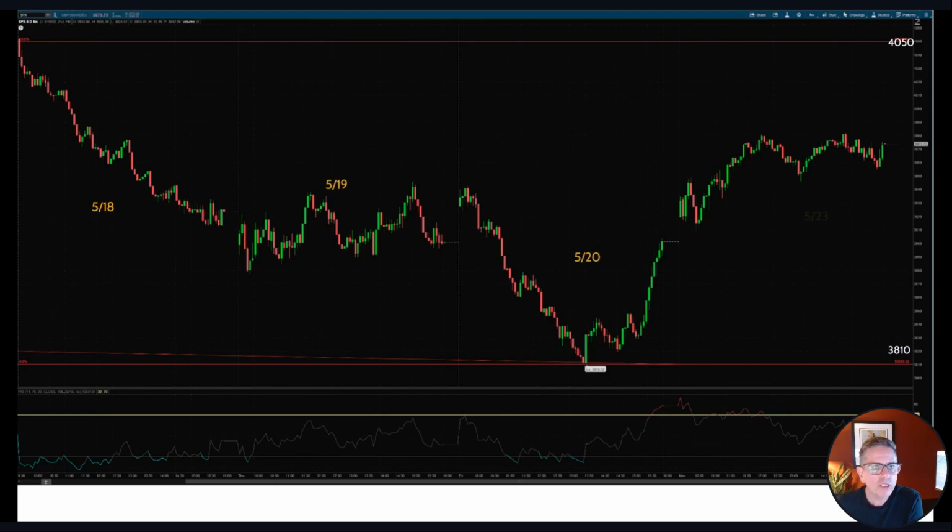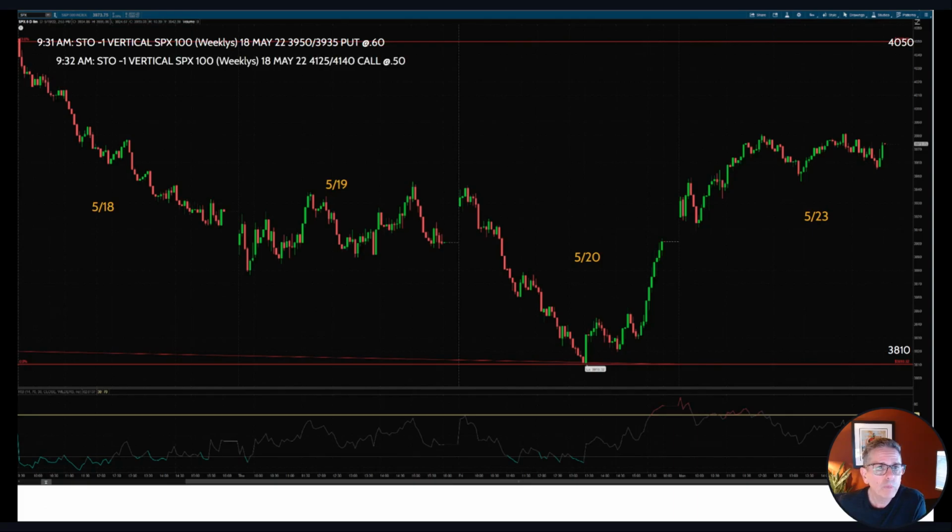Okay, so this was between 4 days, and it was a 0 DTE trade that we started it with. Okay, so here's the 39.50, 39.35, and at that time I was trading 15 wide spreads. And so that was 60 cents that we got on that, and then we put on the call spread that was 50 cents. All right.